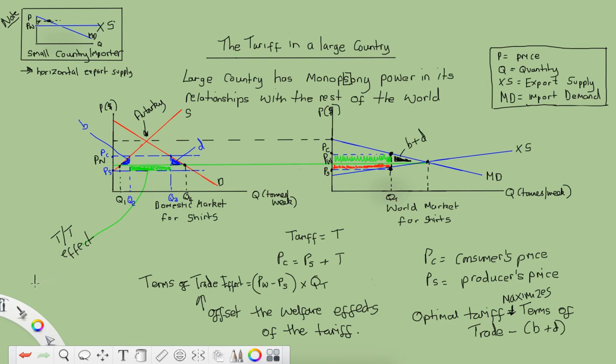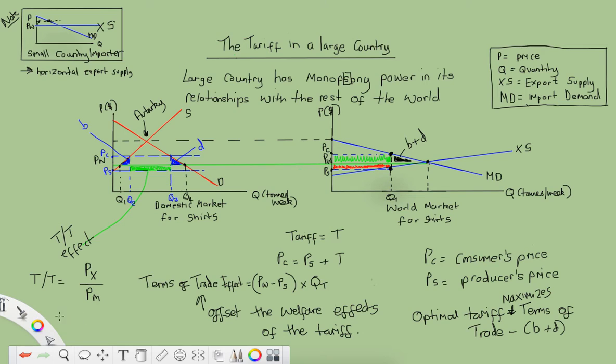And incidentally, the terms of trade are kind of interesting, but the terms of trade are, if you only had one good exported and one imported, just the ratio of export prices to import prices. If you're talking about the real world where you have lots of goods exported and imported, you would use an index of export prices divided by an index of import prices.